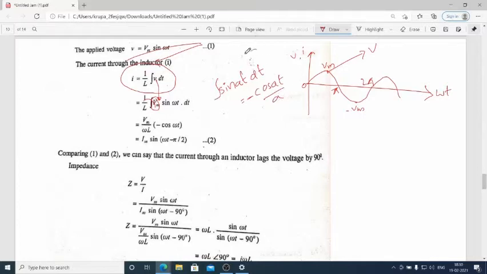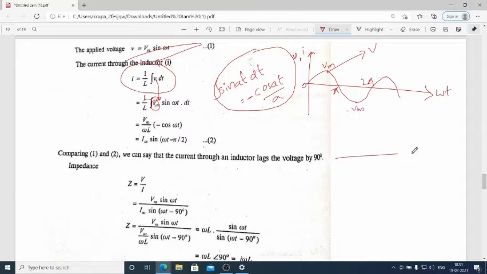Please remember the trigonometric formulas for AC analysis. So Vm upon omega L, minus cos omega t.